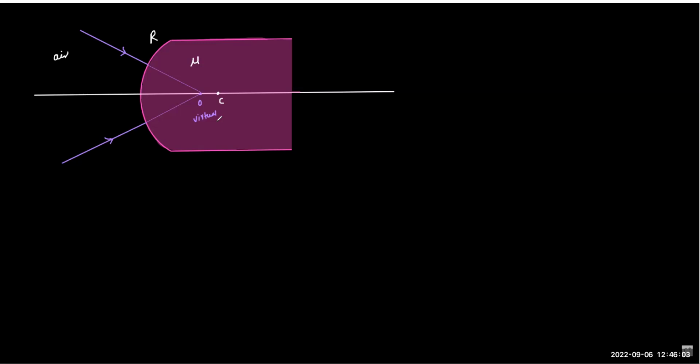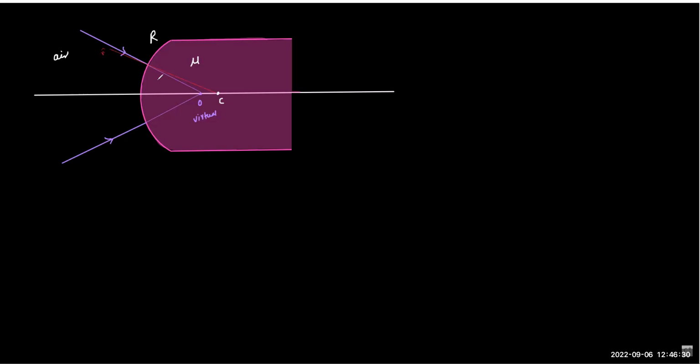In the derivation, what do we do generally? We write this Snell's law, right? And to draw the Snell's law, first we draw the normal from the center. So this will be your center, and this is your normal.